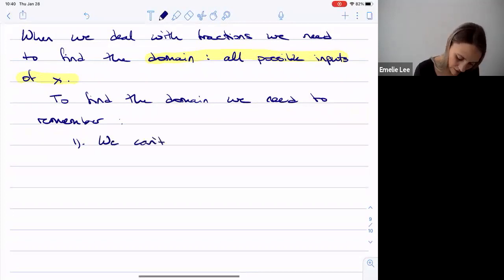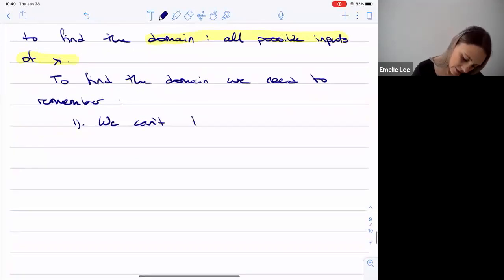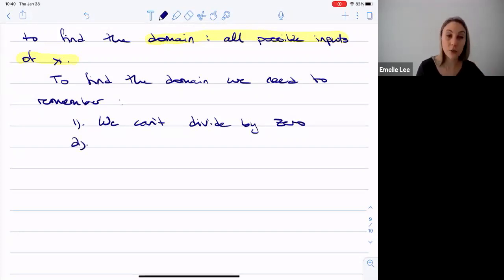So any value of x or any input that makes us divide by 0, we extract from the domain. And we can't take the even root of a negative number.